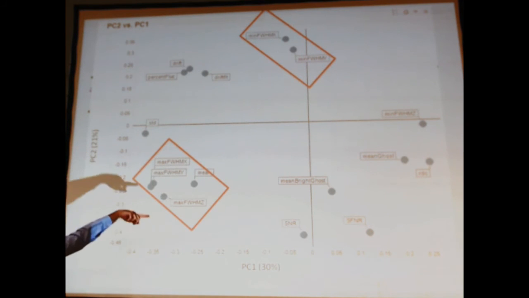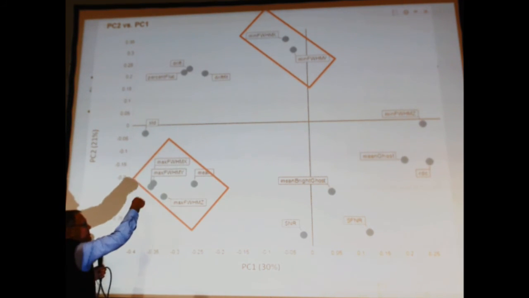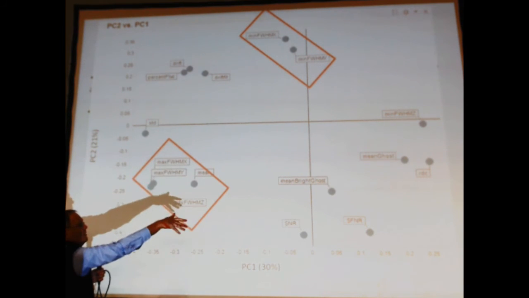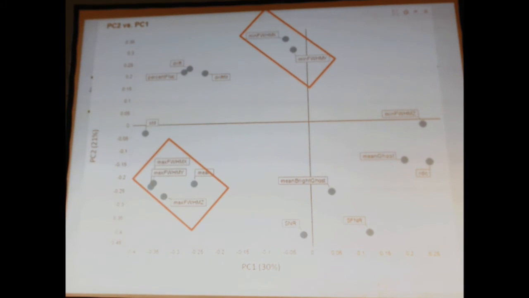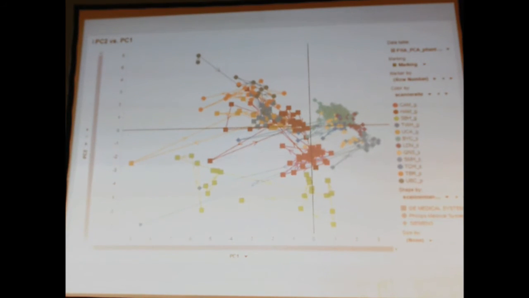So basically there's sort of two rotated dimensions here. There's still a resolution dimension in that direction, and then there's something else going on involving ghosting and signal to noise and a range of other things in that direction. So this is what it actually looks like, and this is the scale.